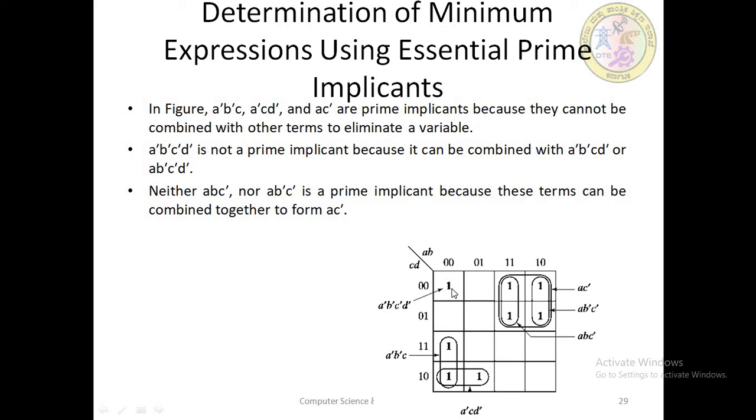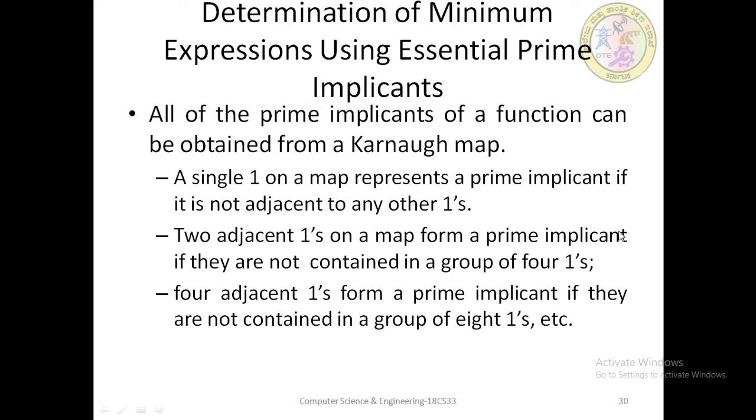Here you can see this one can be combined with this, and it can be combined with this, so this will not be a prime implicant. Neither ABC nor AB C bar is a prime implicant because it can be combined with A and C. Here we have two combinations, so these two can be combined into a single one, so this will not form a prime implicant.